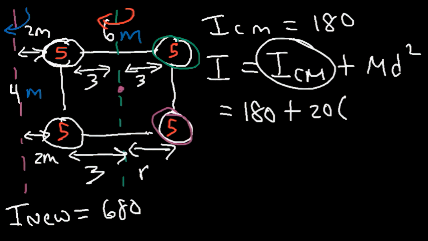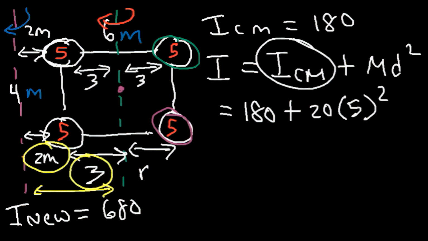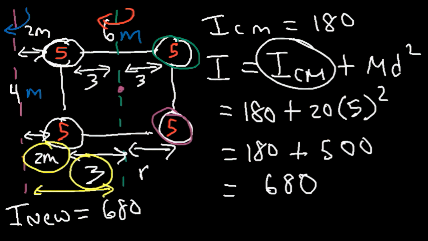And the distance between the new axis of rotation and the old one is 2 plus 3, which is 5 meters. So 5 squared is 25 times 20 is 500. So 180 plus 500 is equal to 680. So that is the inertia at the new axis of rotation.